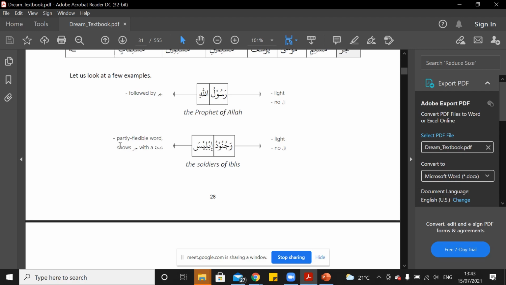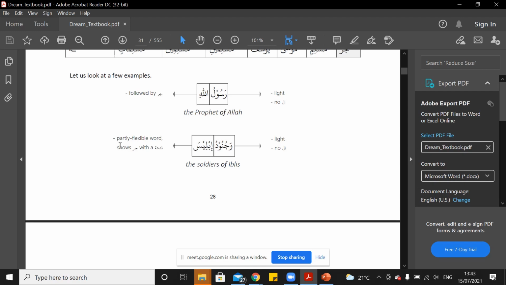It's a name, and if we think about the partially flexible, Iblis was not Arab, right? We know Iblis was not Arab. So non-Arab names are partially flexible. So it's Iblisu, Iblisa, Iblisa. So jar will remain Iblisa.